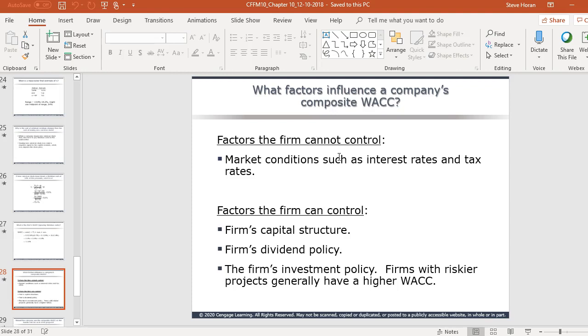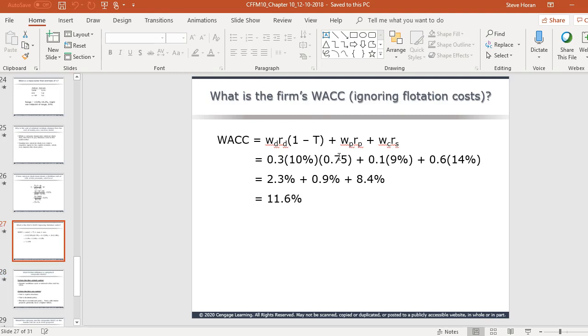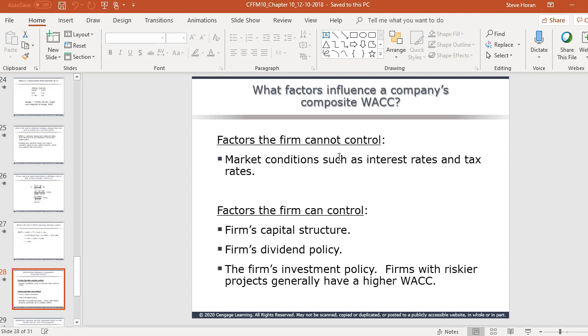Okay, and also keep in mind that there are things that we can and that we cannot control when it comes to the WACC calculation. So what I cannot control is the market conditions. What's basically going on in the economy right now? Are we in a boom period? Are we in a downside period?